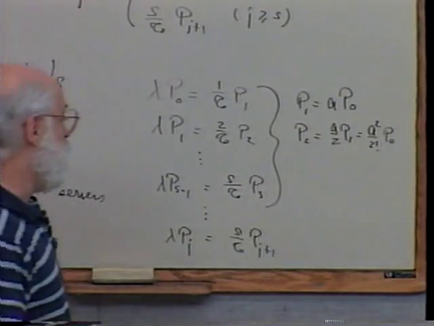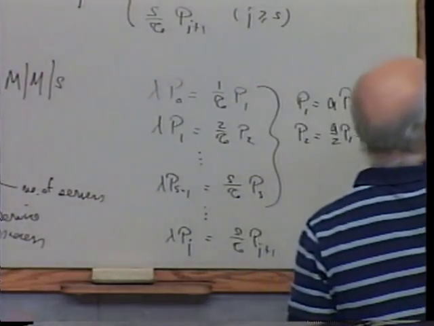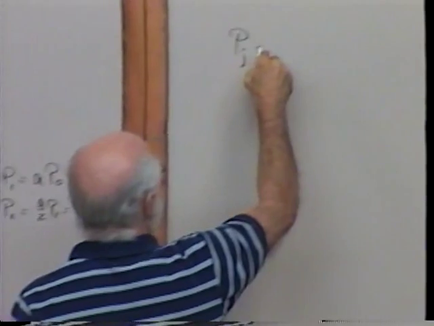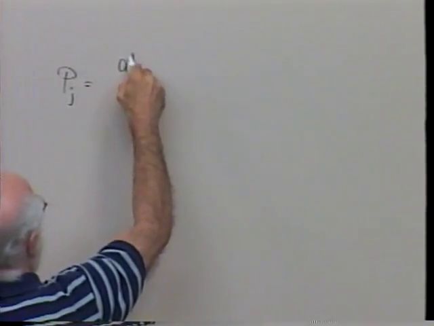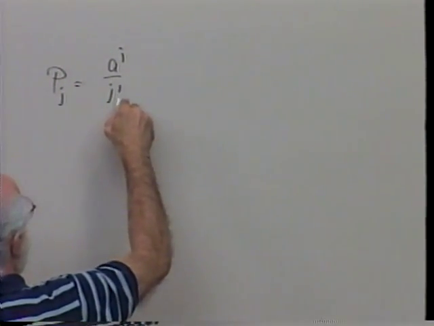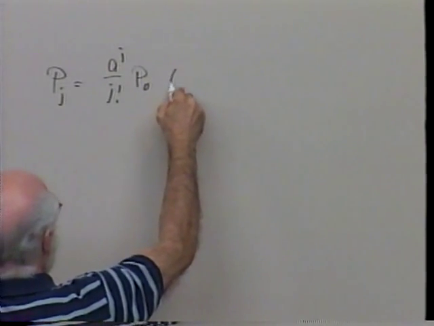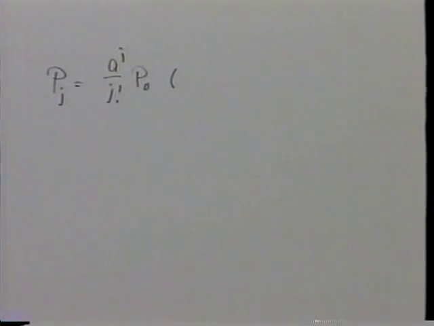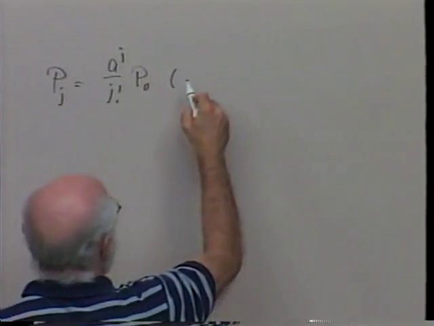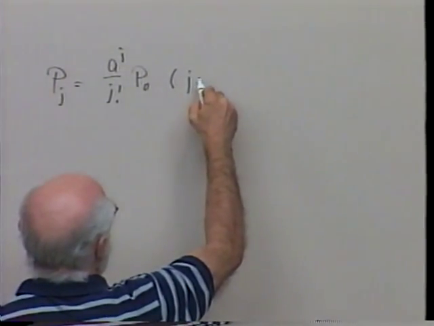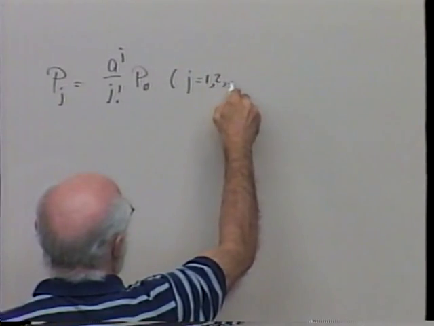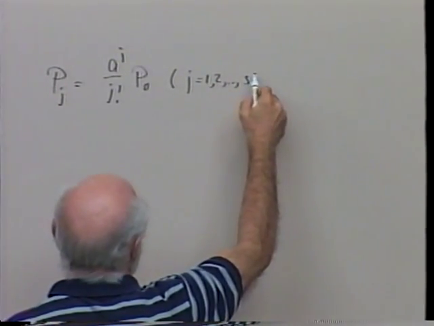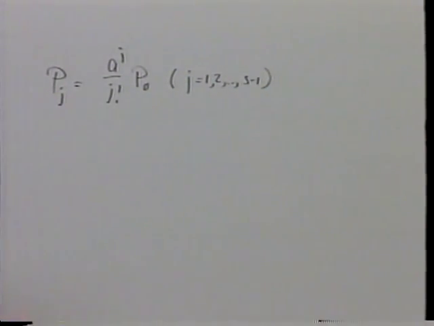So what you see is that Pj is equal to A to the j over j factorial P0 as long as j is less than s, for j equals 1, 2, and so forth, up to s minus 1. So that's what I get when I solve these equations here.